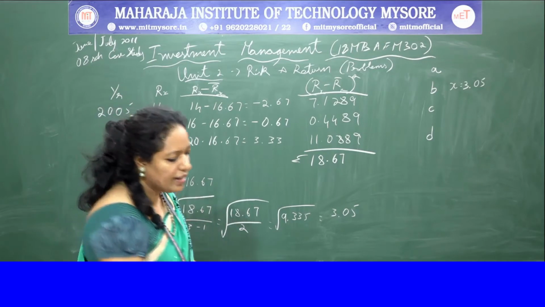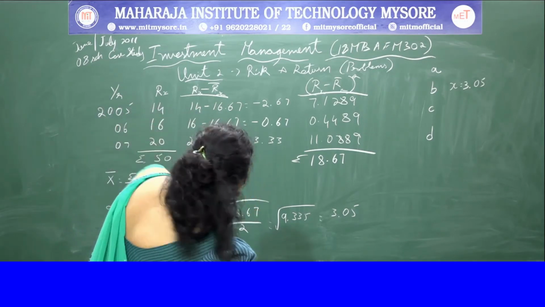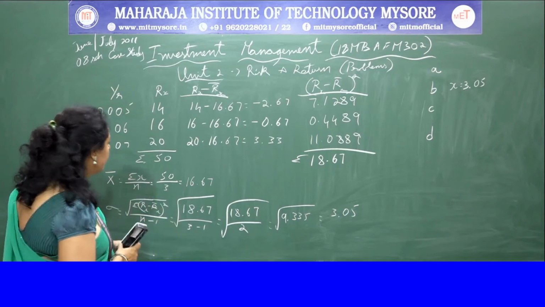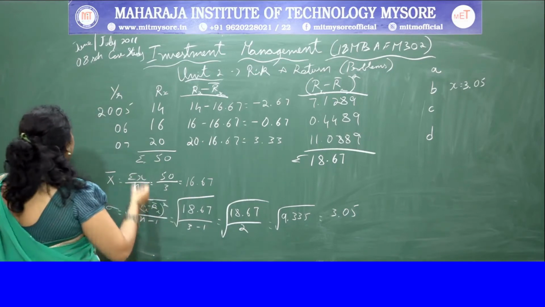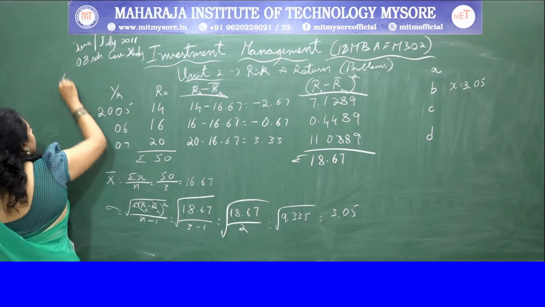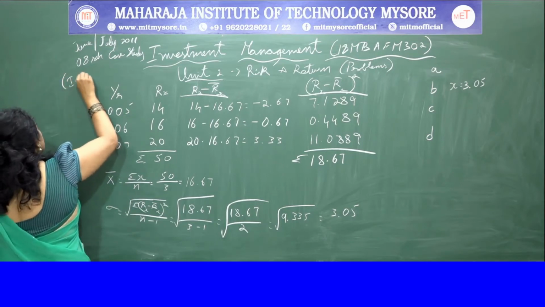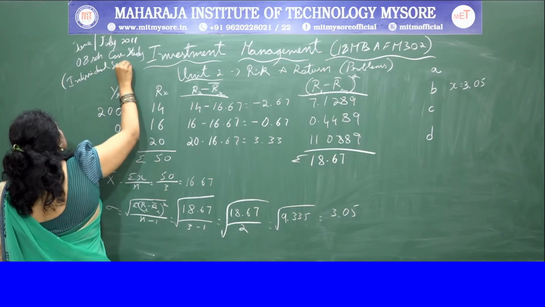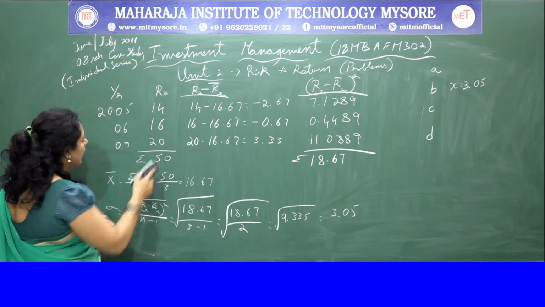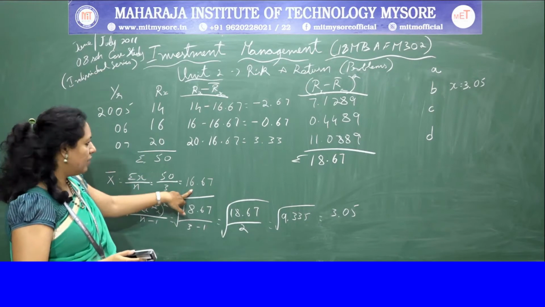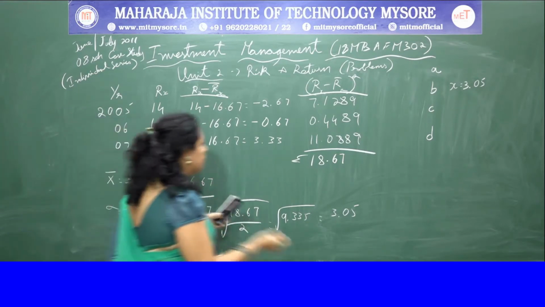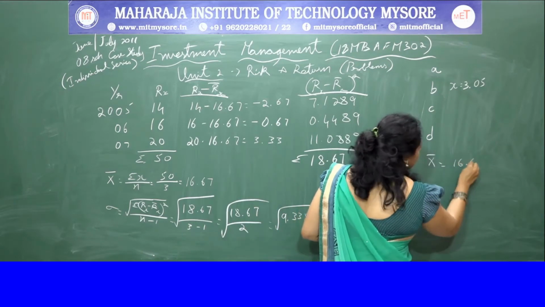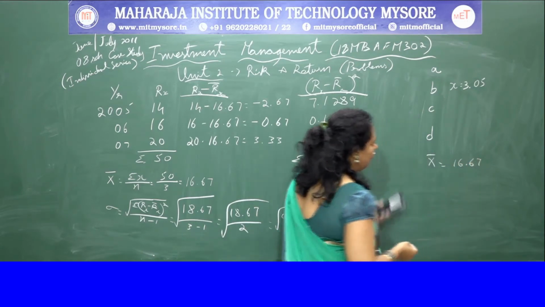Let's calculate the second one. And X bar is 16.67. So we'll write it somewhere. I'll write here individual series. Let's change the data. For that backup, we'll just write X bar. We need this too, so that is 16.67 of X bar.